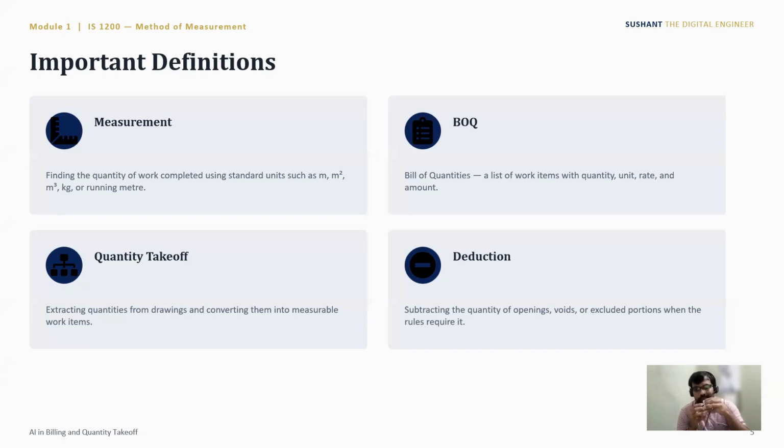For example, for plastering work and brickwork, some kind of deduction is required. If proper deduction is not applied in the calculation, the quantity will be erroneous. So the deduction rule is very crucial and important.